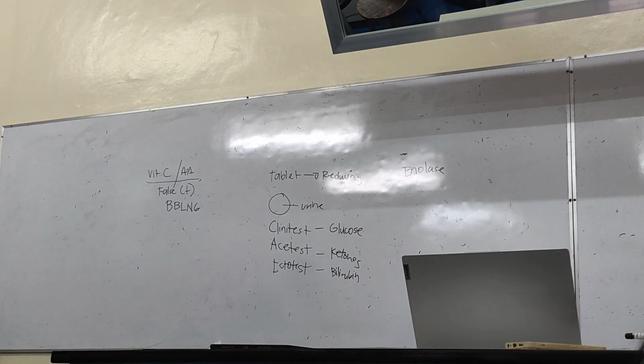Vitamin C or ascorbic acid can cause a false reaction on these chemical reagent parameters, BBLNG: blood, bilirubin, leukocyte esterase, nitrite, and glucose.